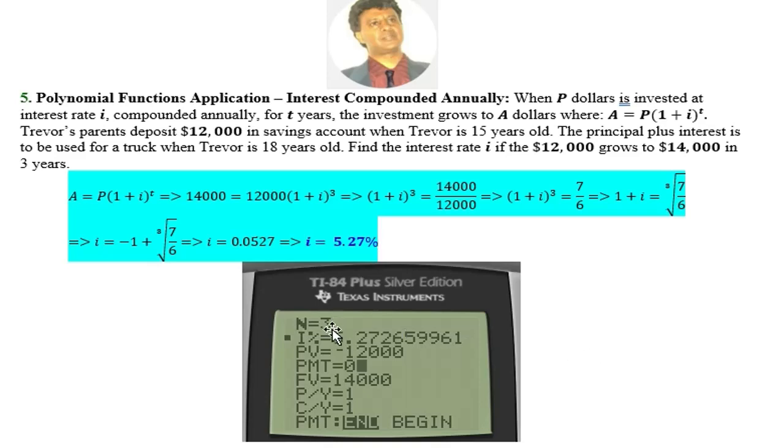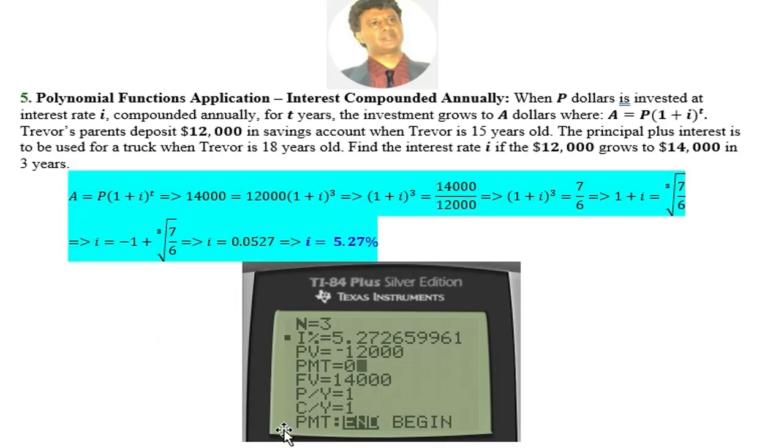N is 3, that is 3 years. Annual is 3 times 1, which is 3. I, leave it 0 for now. PV, present value, is 12,000. PMT is for annuity, we don't care, leave it 0. FV is future value, which is A, which is 14,000.